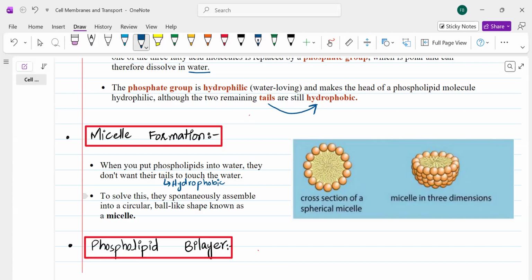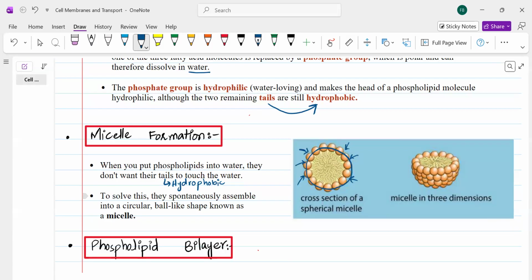So to solve this, what do they do? They arrange themselves in a way that only their head part interacts with the water, but the tail part is intact in the center. Are you getting this? And this is known as micelle formation.